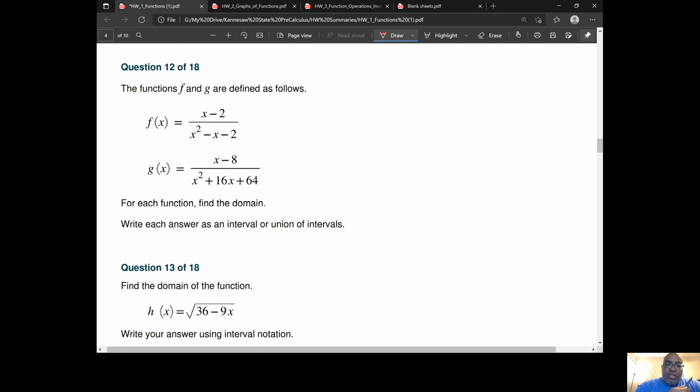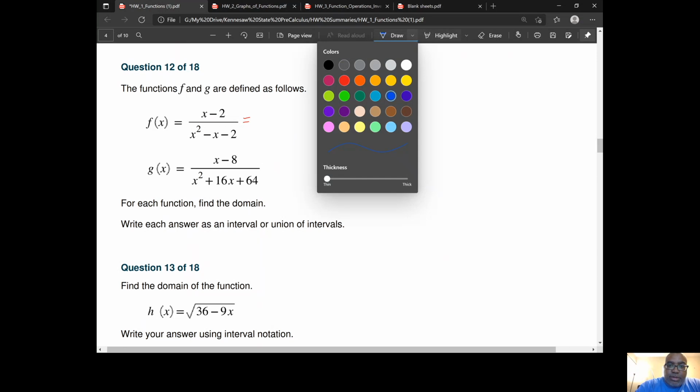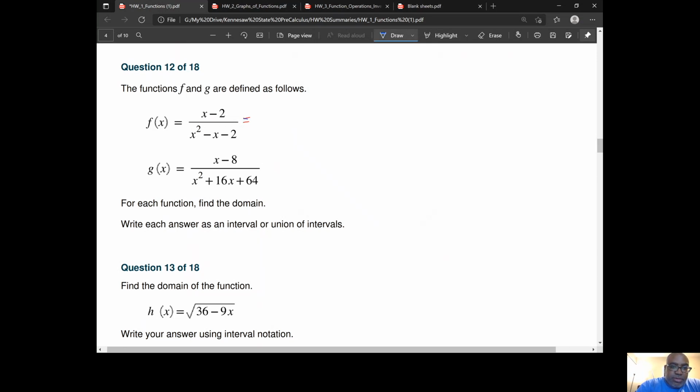Because it's that important. You factor everything. Okay. So this becomes, let's write in a different color. I prefer blue to red. Red makes you think about getting problems wrong. So you end up with x minus 2 over x squared minus x minus 2. If you factor that, you end up with x minus 2 and x plus 1.